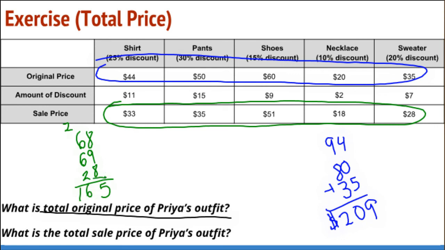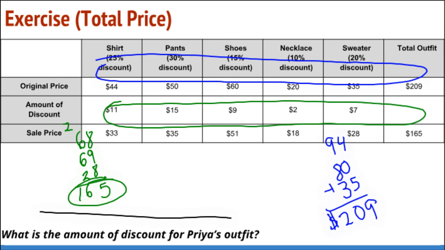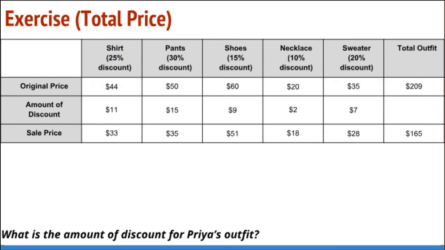So the total sale price is $165. And we can use this information then to find out the total discount. I've got 209 minus $165 and find out that she saved $44.